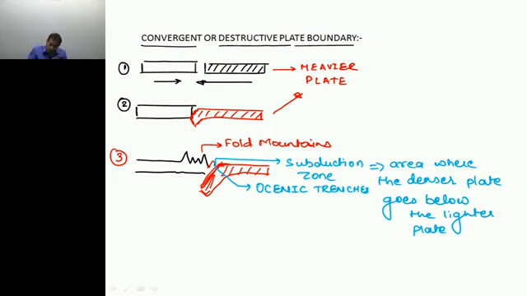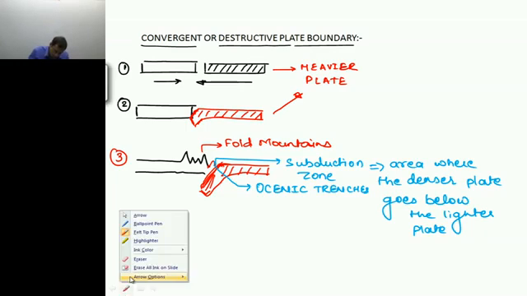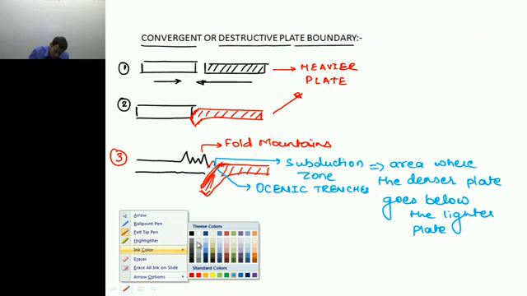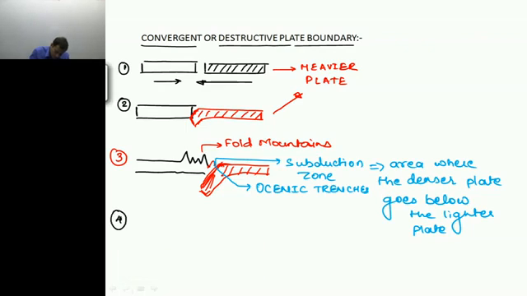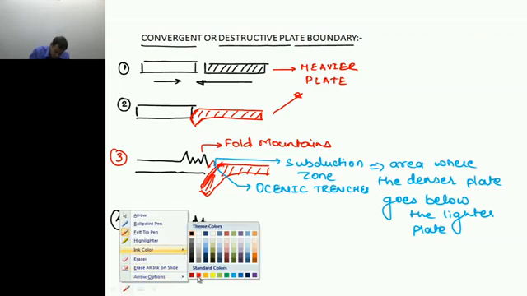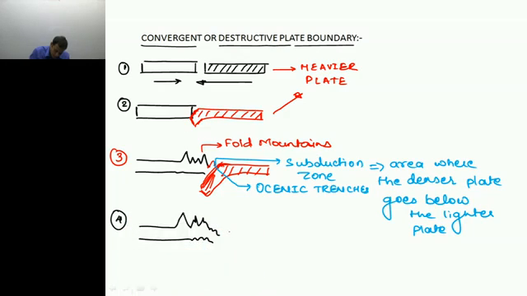Now this denser plate which goes below, after going deep inside the mantle, is broken down and melted due to the high heat present in the mantle.